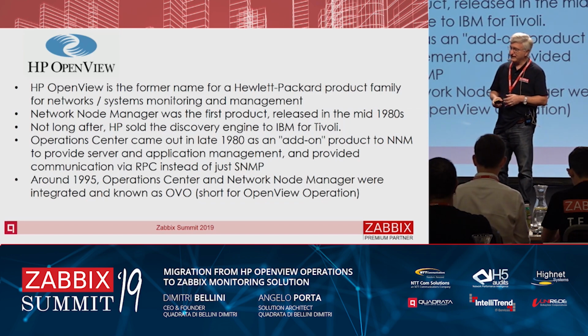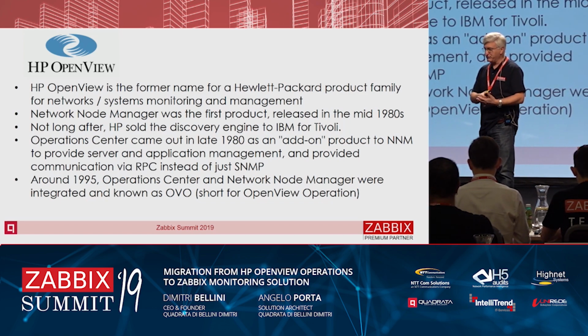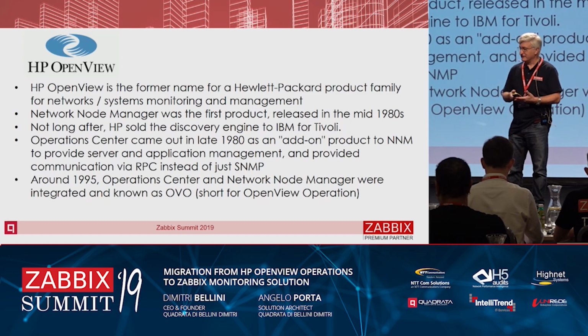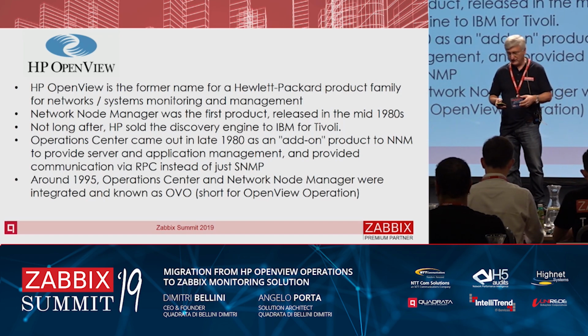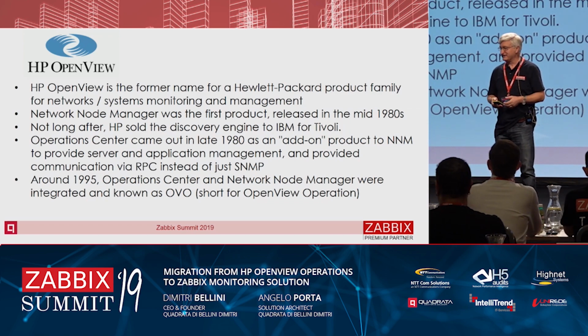So, around 1995, the OpenView Network Node Manager and the Operation Center were integrated and started to be known as OVO. We call it OVO in Italian, or whatever you want. That is a shortcut for OpenView Operation.